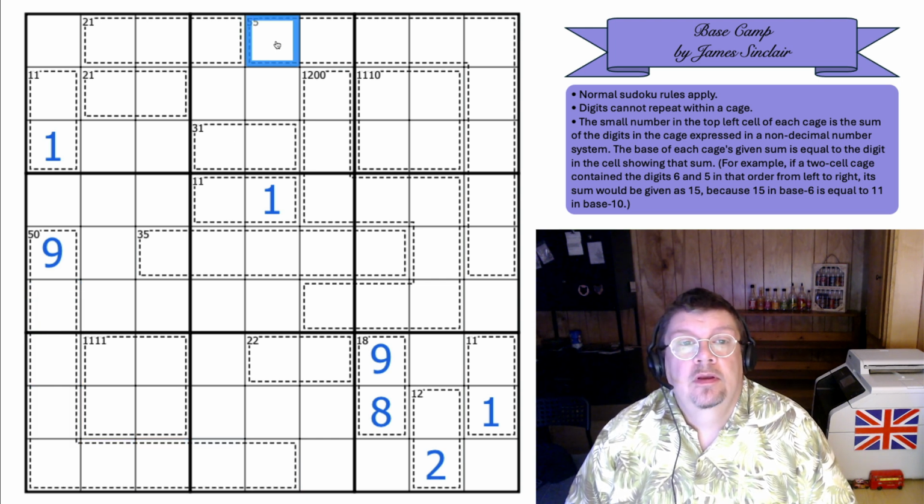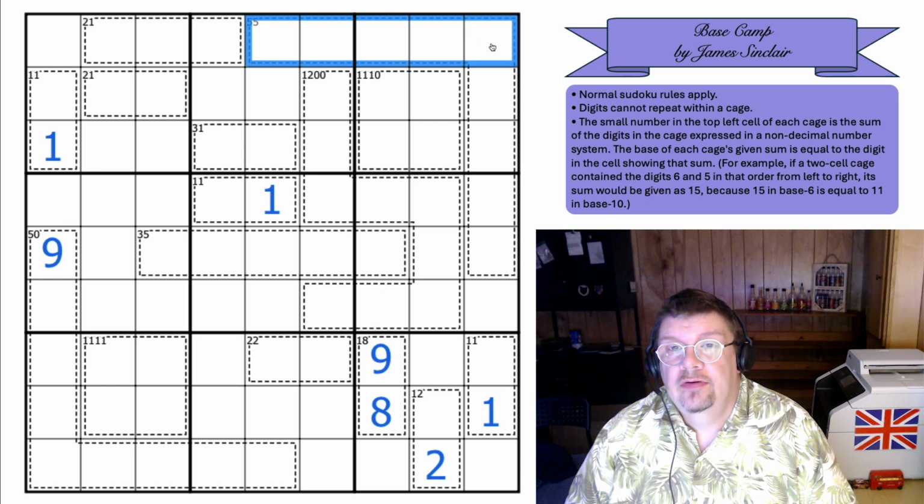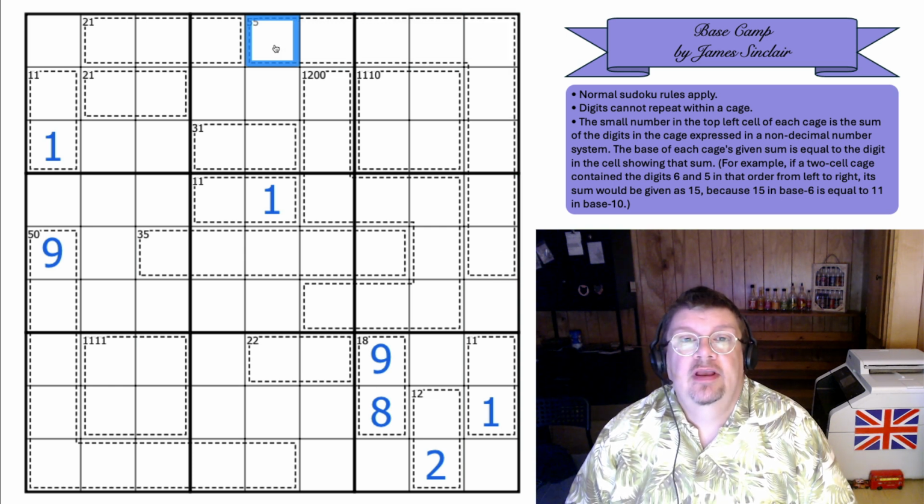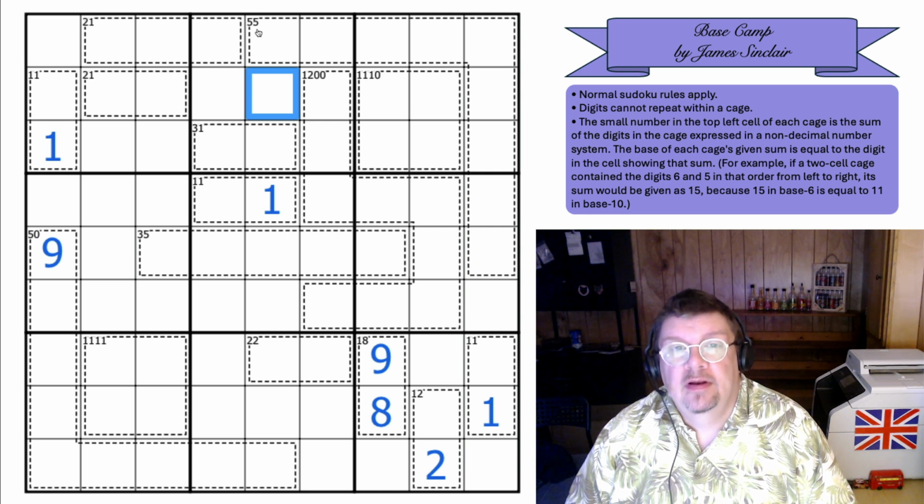Okay. This is also a 9-cell cage, so we have the same issue, except this time we have 5 times something plus 5 is equal to 45.